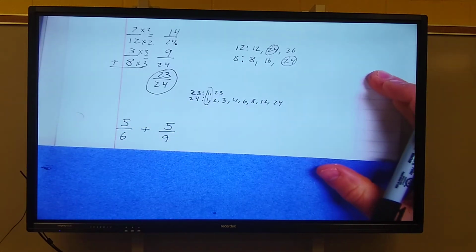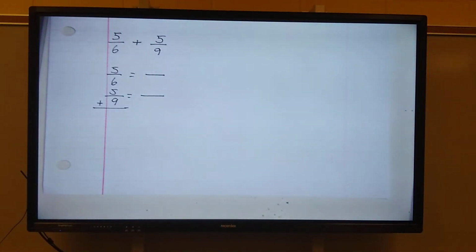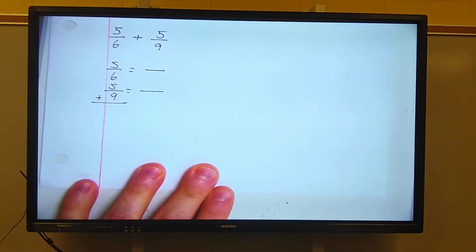One last practice. On your sheet of paper, solve 5/6 plus 5/9. Do that now. Pause the video. All right, let's see how good you did. So, step number 1, line them up vertically.